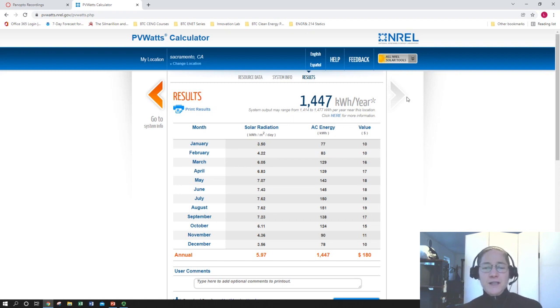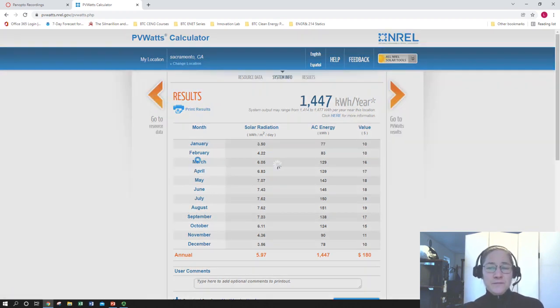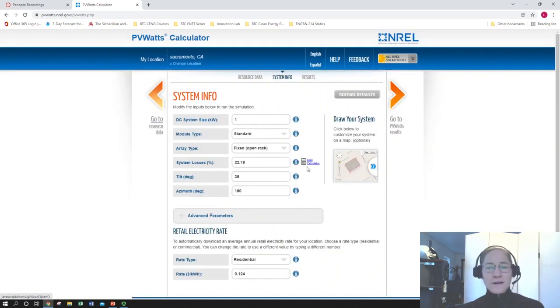Turns out maybe it's a little bit less. Okay, so that would be the number we would go with, and then on the system we can go ahead and start effectively adding modules by adding our system size.